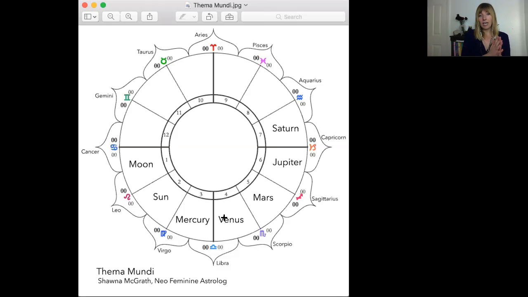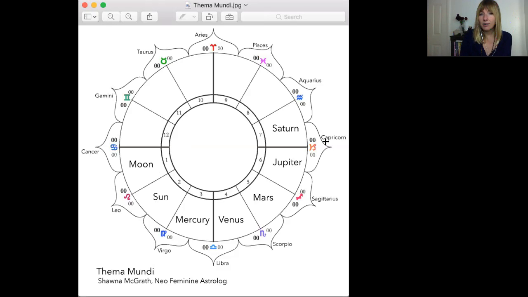And then Mars can get up to 3 signs. Mars can go a little bit farther. And then Jupiter, and then Saturn is the farthest out, the slowest in this system. And so we have this sort of pattern that's happening here.